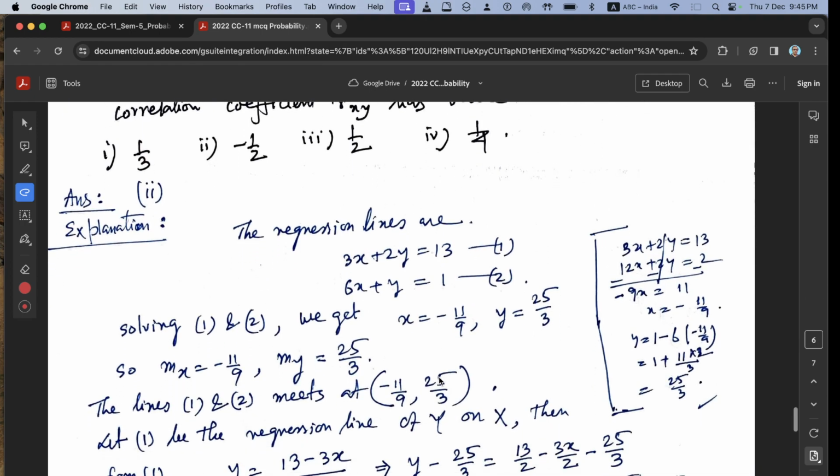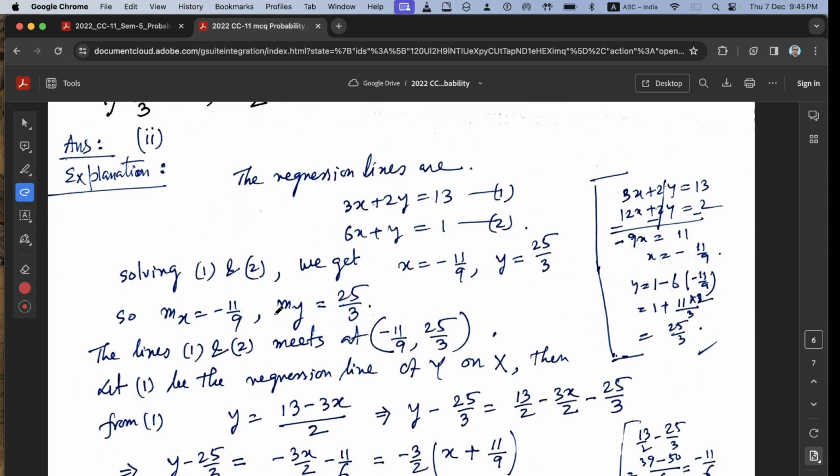Solving 1 and 2, we get x equal to minus 11 by 9, y equal to 25 by 3. So mx, the mean of x, equals minus 11 by 9, and my, the mean of y, is 25 by 3. Hence the lines 1 and 2 meet at the point (minus 11 by 9, 25 by 3).